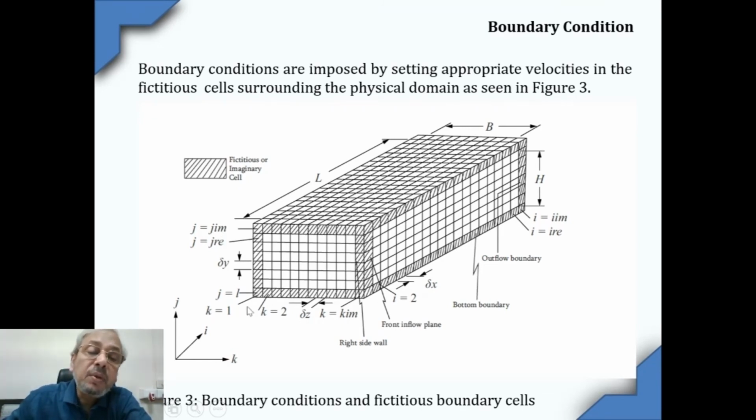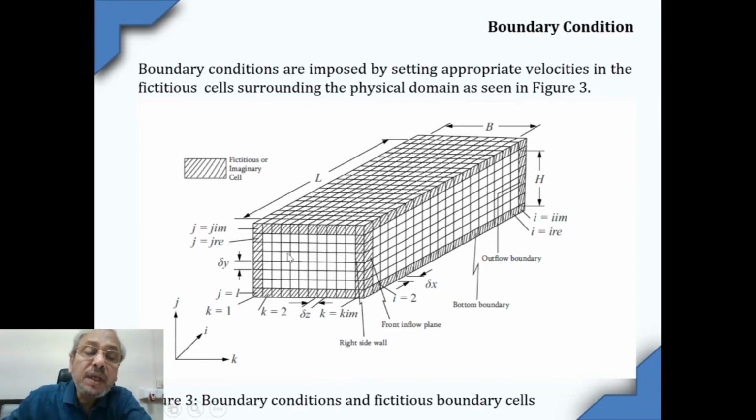Basically we will vary j from 1 to j extreme, and k from 1 to k extreme. That will describe any plane in the I direction.